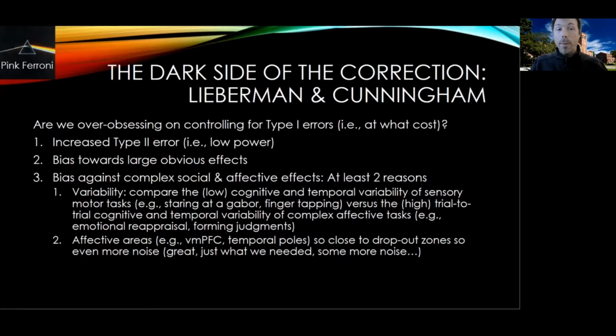And so they're susceptible to signal dropout, which means not only are these very variable trial-to-trial types of processes, and that's just the nature of them, they also happen to be in bad parts of the brain if you're doing imaging. Same is true if you care about the very ventral part of temporal cortex.